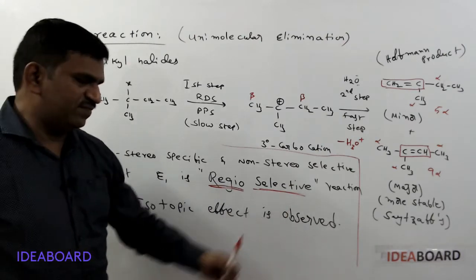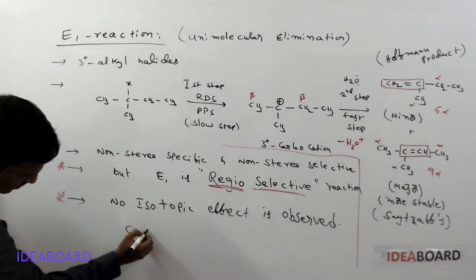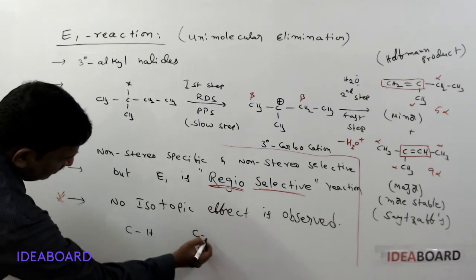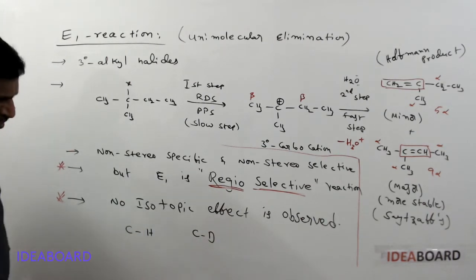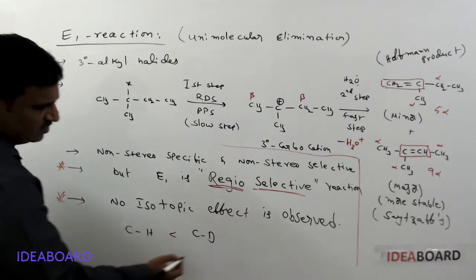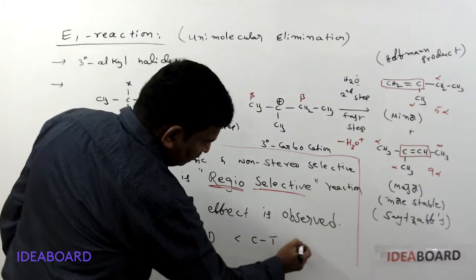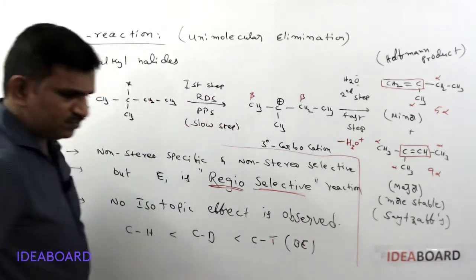What does isotopic effect mean? Suppose there is a C-H bond and a C-D bond. If you have C-H, C-D and C-T bonds, for example, the bond energies order is like this.